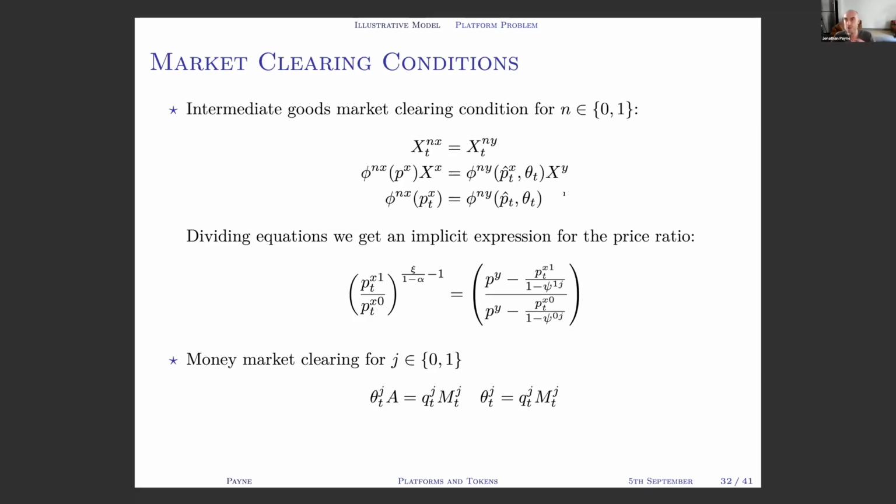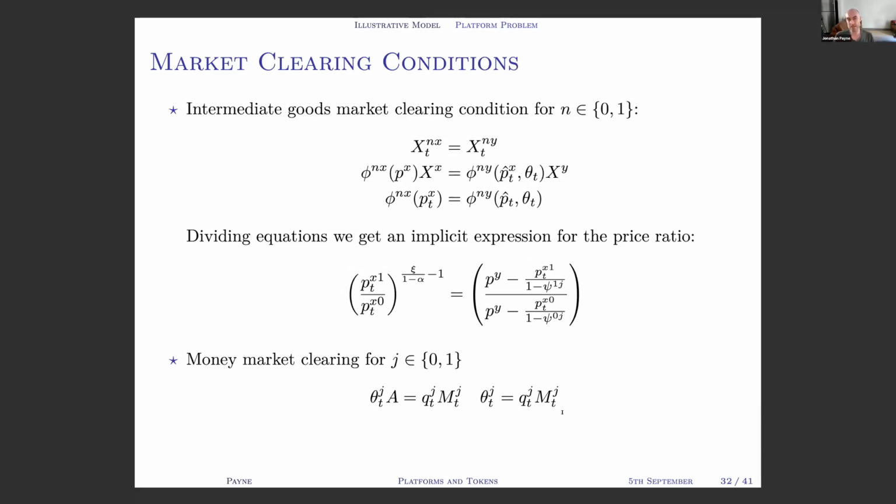The total amount of trade is always the same. The platform is just trying to adjust how much of that trade happens on their platform as opposed to outside of their platform. So despite what I think is in some ways a somewhat convoluted setup, we actually get a pretty clean expression for what this price ratio ends up looking like between the two different platforms.